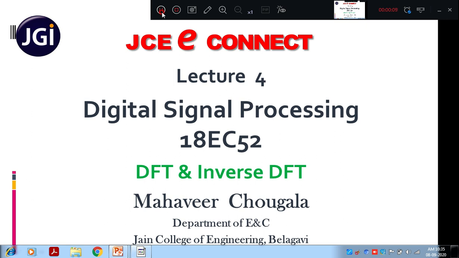In the previous class, we all have studied the frequency domain sampling and its reconstruction. In that, we understood how to convert the time domain signal into frequency domain by using the Fourier transform tool, and then using sampling, how to get the sequence of frequency samples from the frequency domain signal X of omega by appropriate sampling of continuous frequency into the discrete frequency values.